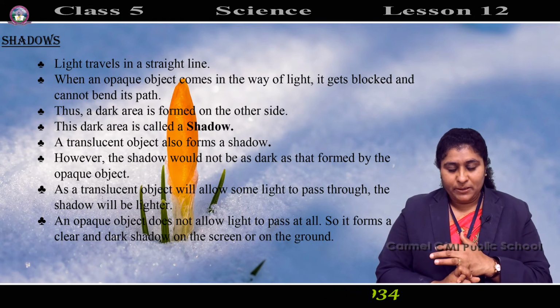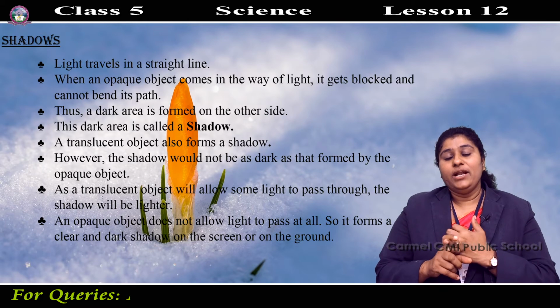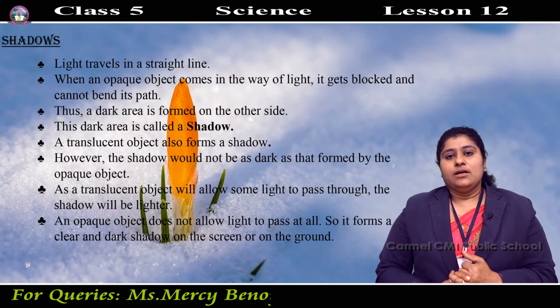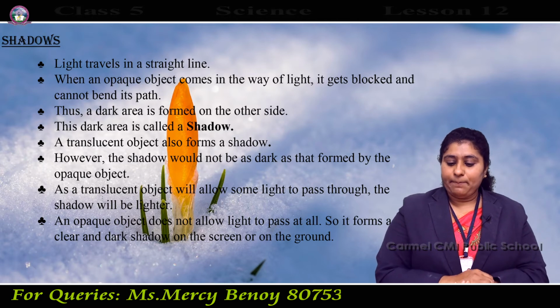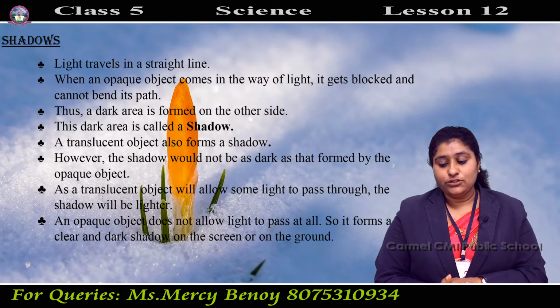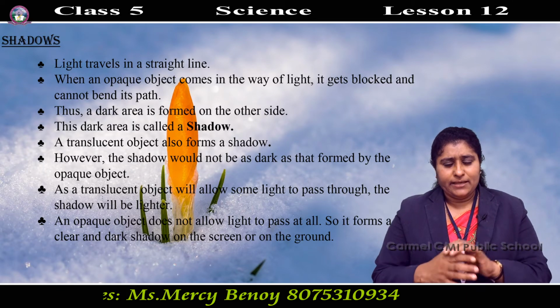See, a source of light should be there, and not only that, a shadow is formed only when the light is blocked by an object. So this is the reason an object in the path of light should be opaque or translucent for a shadow to form. See here, an object should be there.